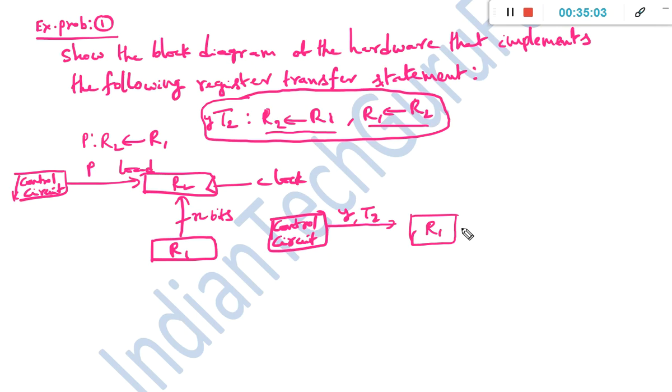The content of R1 is moved to register R2. N bits will be moved from register R1 to register R2 based on the values of Y as well as T2.